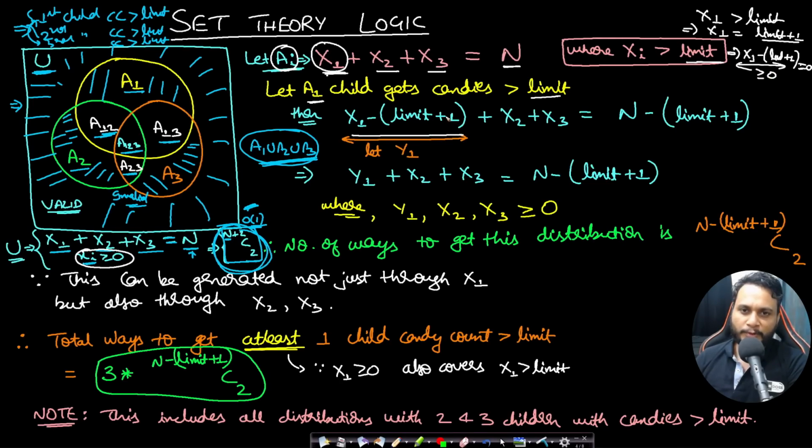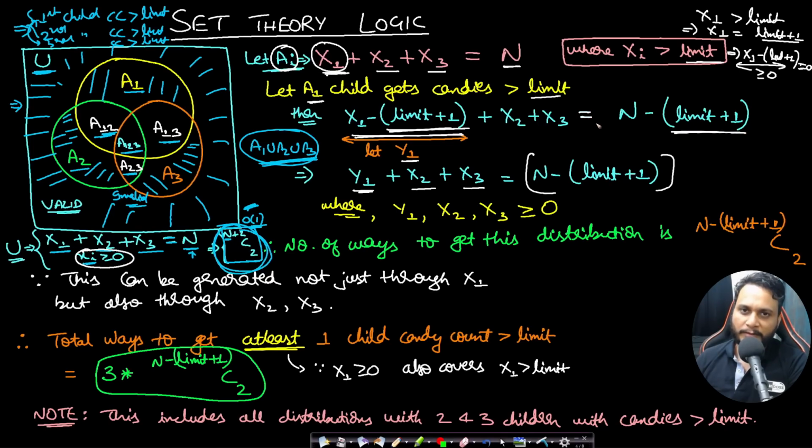Now what is the use of doing this? When I know x1 is greater than limit, what is the use of doing this? The use of it is, if I represent it by a separate variable, let's say y1, then I can say that y1 plus x2 plus x3 is equal to this given value. Why this value? Because I am subtracting limit plus 1 on both sides to maintain the equality.